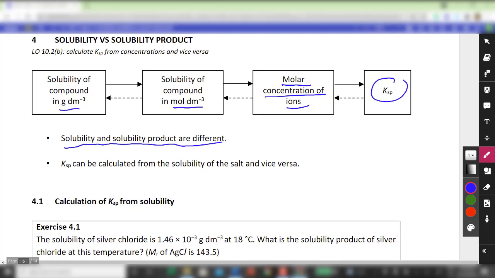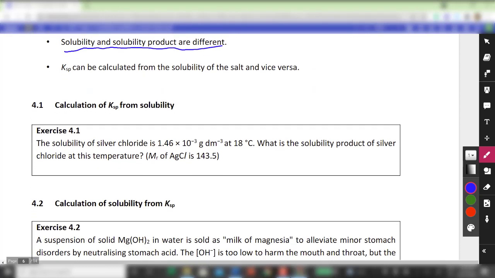And usually we express solubility in either grams or moles per dm cube of that solvent. So that is the difference. One is finding out how much of the salt can dissolve. The other one is an equilibrium constant involving the concentration of the aqueous ions.